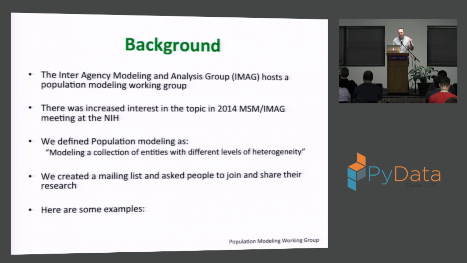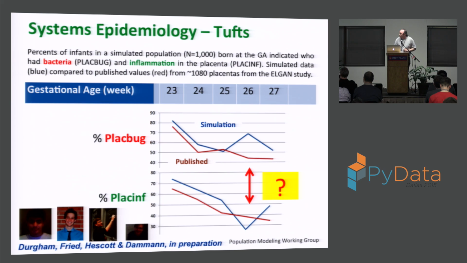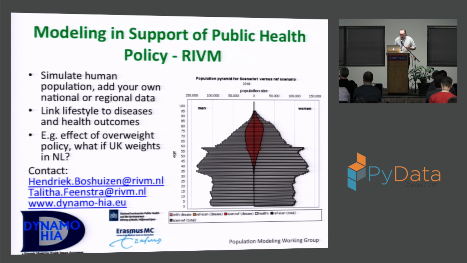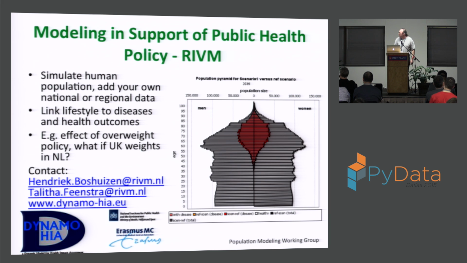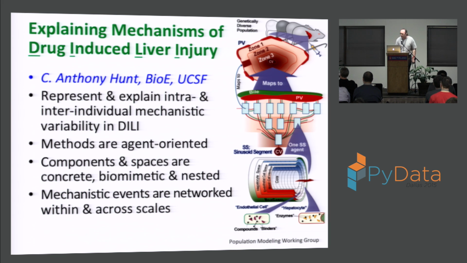And I'm going to show you some examples. I don't have enough to show everything, but I'm going to run through some slides that people left. So, systems epidemiology, basically clinical trials and models of those. Again, modeling diseases. This is from the Netherlands, and you can see the population pyramid that they modeled, and some disease there.